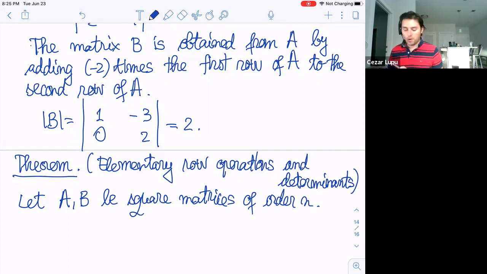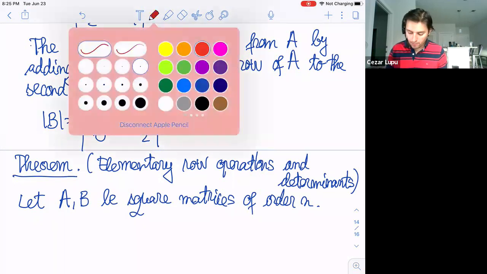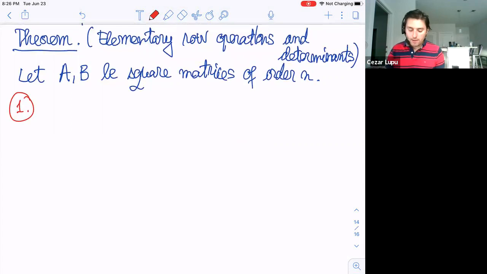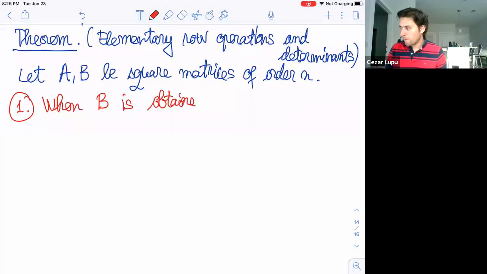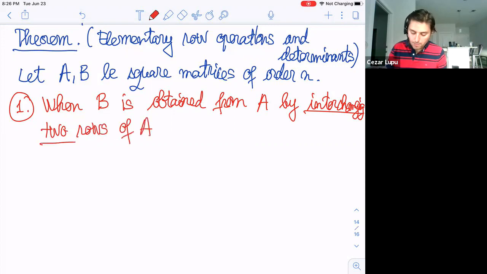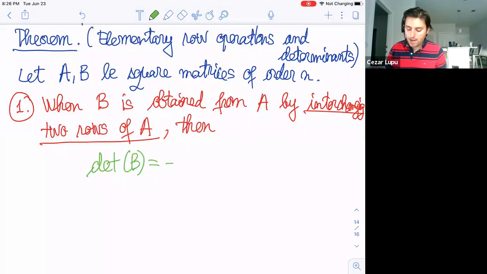And now we have the following. The first: when B is obtained from A by, and pay attention here, interchanging two rows of A, then the determinant of B will be negative determinant of A.